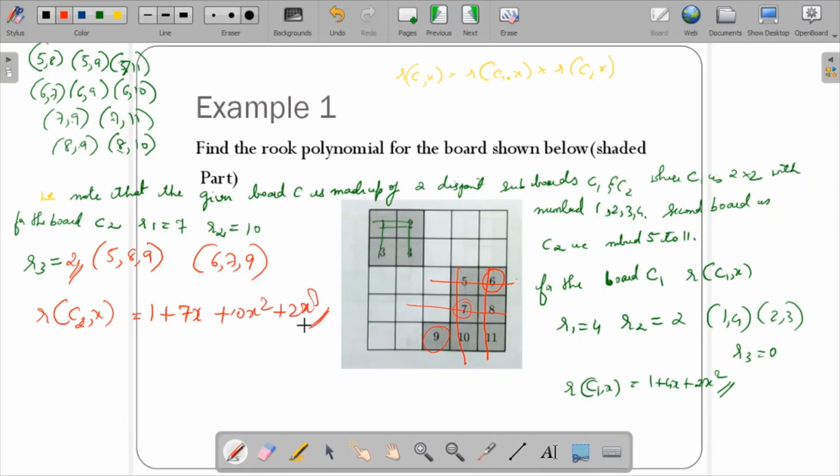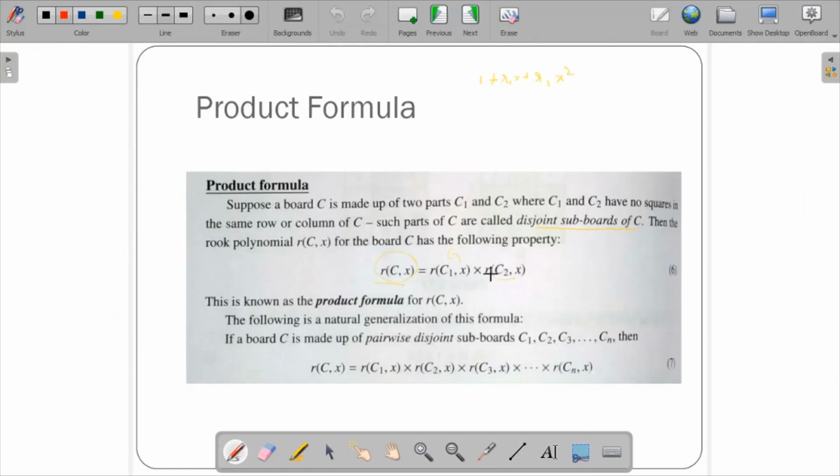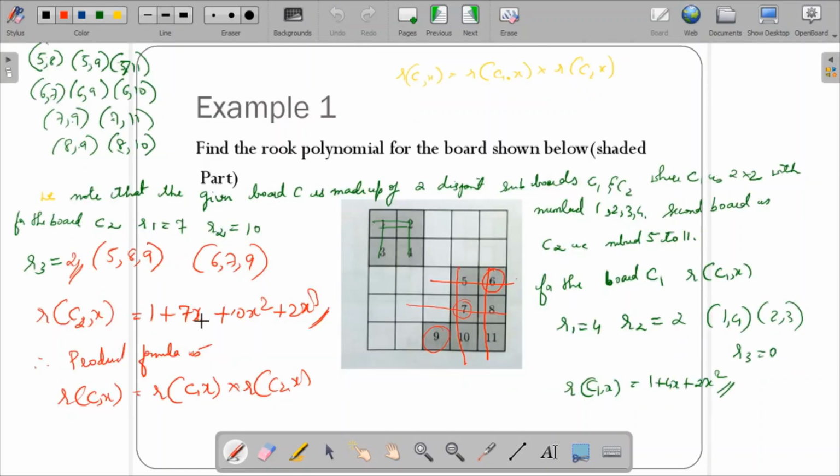Therefore the product formula is R of C comma x is equal to R of C1 of x into R of C2 of x. So you had already seen this formula over here. Just try to multiply and get it.